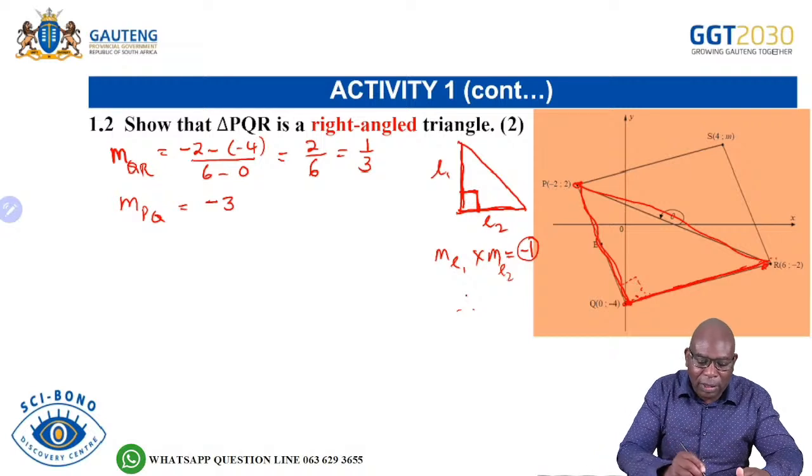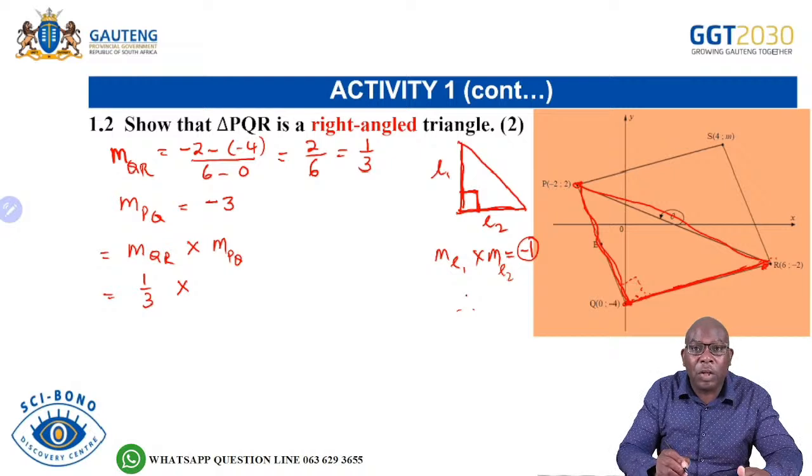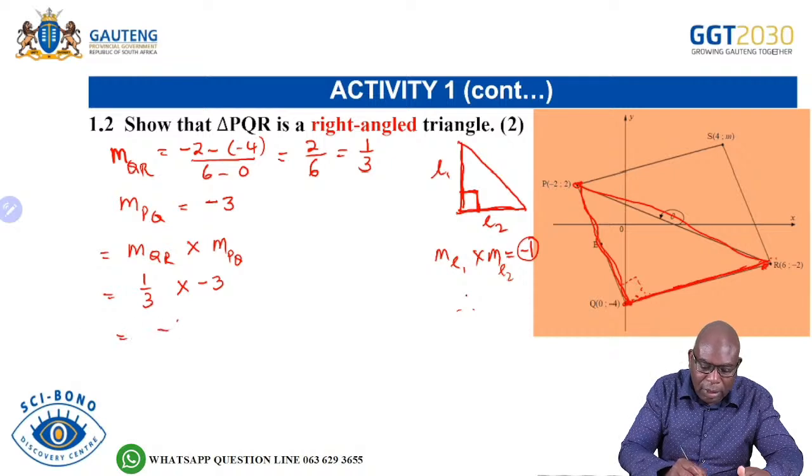So now, if I take the gradient of QR multiplied by the gradient of PQ, let's see what I'll get. The gradient of QR is 1/3. The gradient of PQ is -3. And if I multiply these, I'm going to get -1.